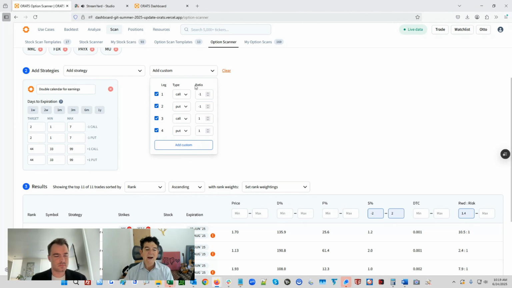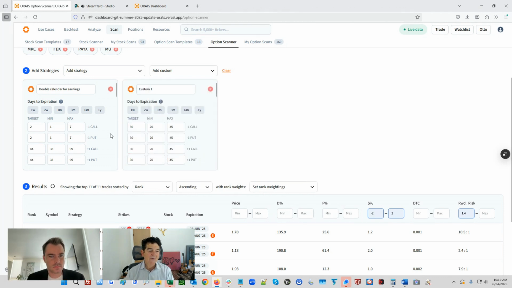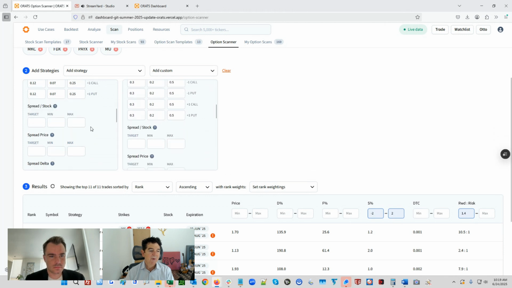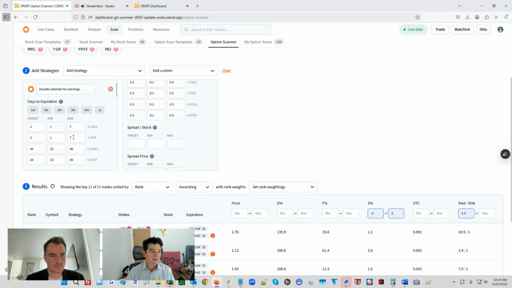But the gotcha is that you have to set, and I'll scroll down here, so you can set your deltas, right? But then you need to set, okay, so let's go here. Legs 1 and 2 have the same DTEs, right? You want them to be the same in this particular double calendar. As you see here, there's only 2 expirations, it's not 4.